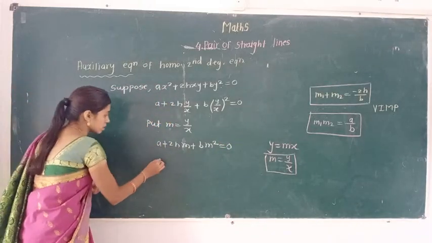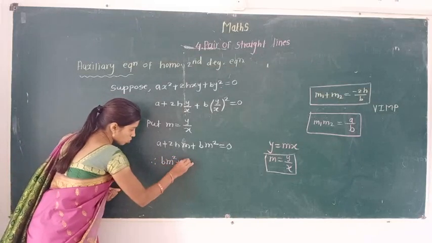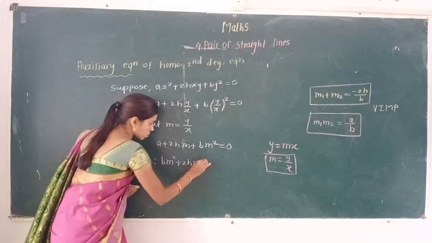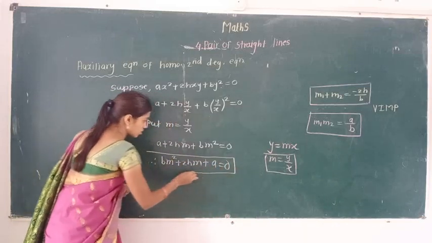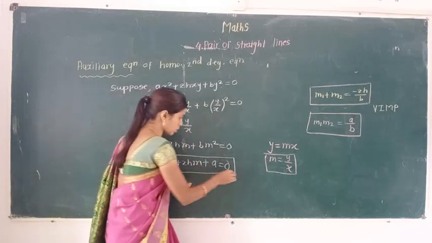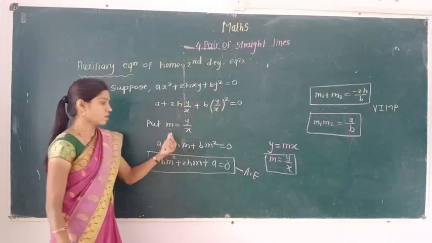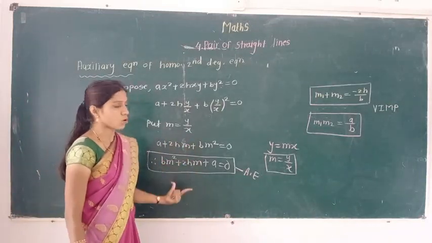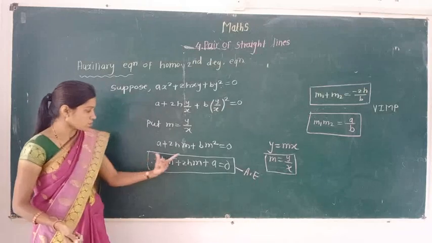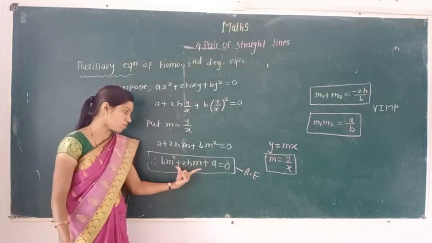We can write bm square plus 2h m plus a is equal to 0, and this is the auxiliary equation of the homogeneous second degree equation. This equation is also known as a quadratic equation, and after solving this equation we get the two roots of this equation.